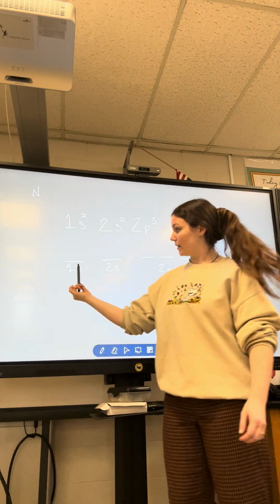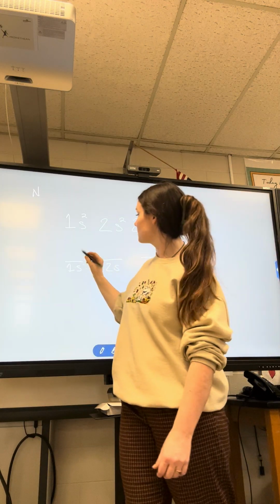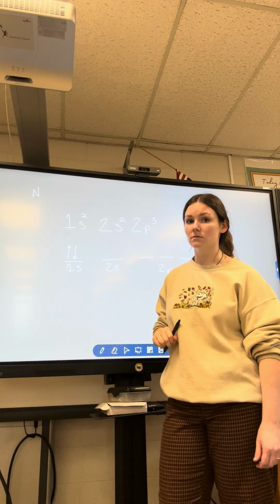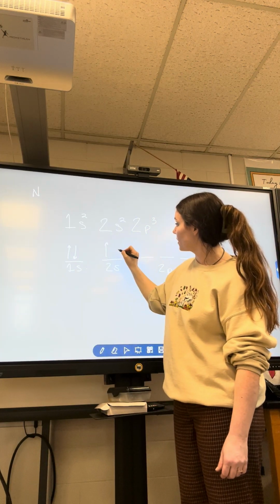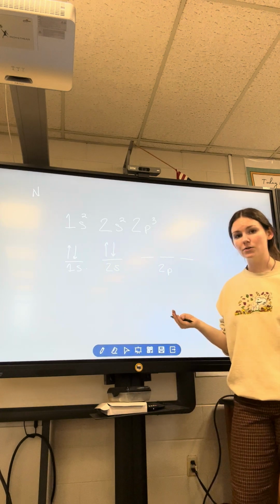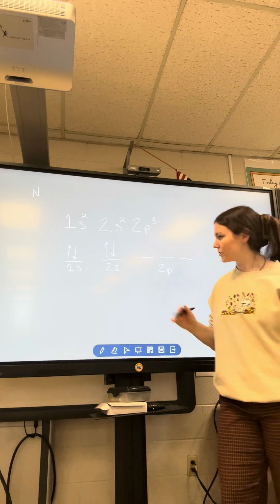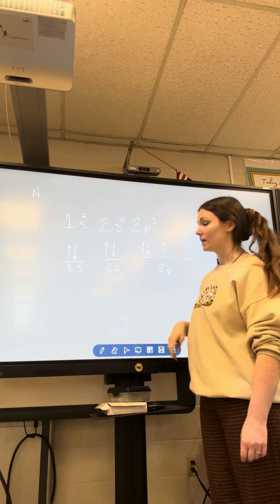So let's start over here. We have 2 electrons inside 1s. So I'm going to have one up and one down. Over here, I have 2s, so I'm going to have 1 electron up, 1 electron down. Now when it gets to 2p, what a lot of people do at first is they go up, down, and then they go up again.